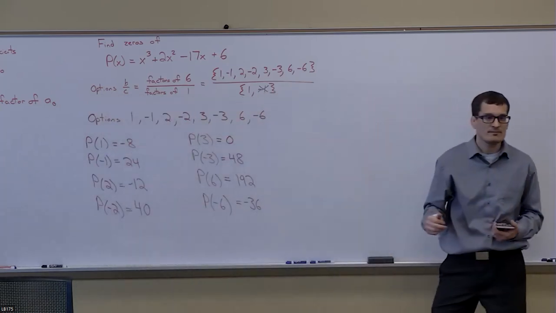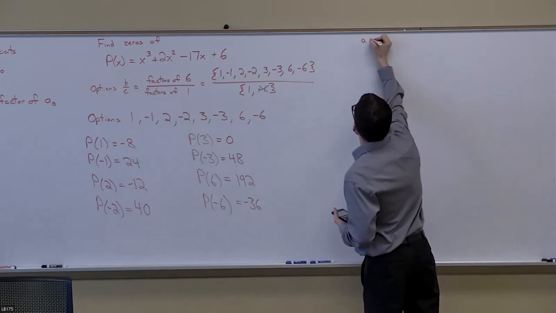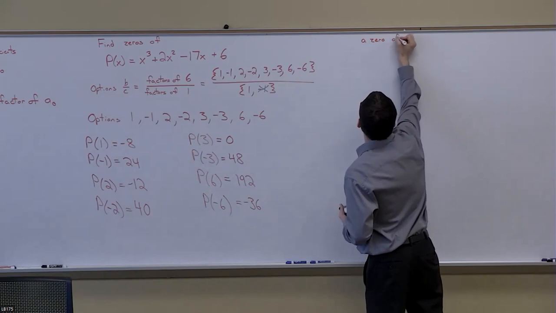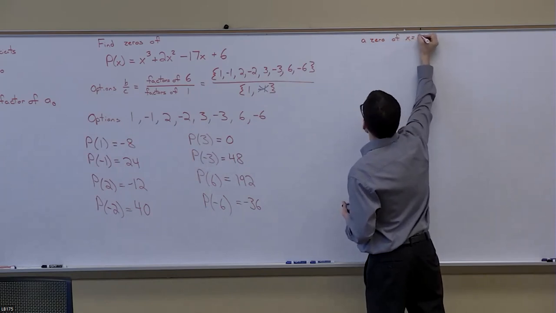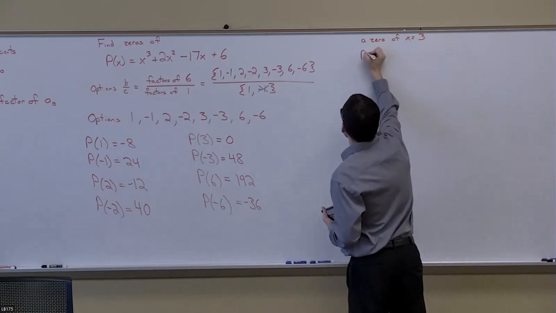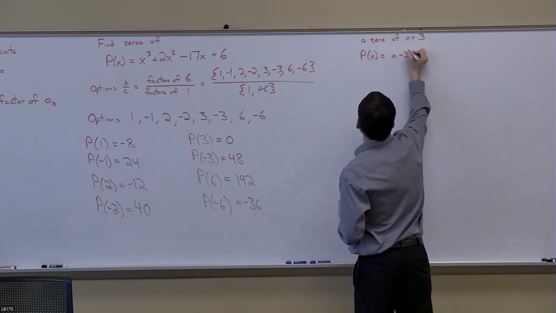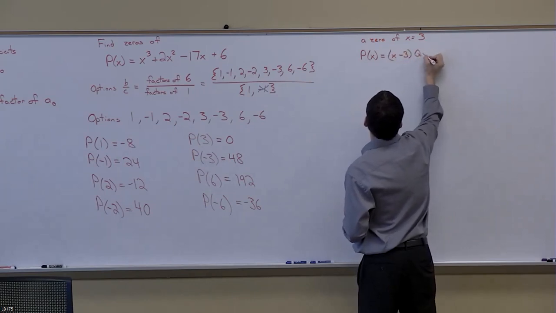What does this mean? Well, it means we have a zero of x equals 3, which means I can write my polynomial as x minus 3 times some quotient.